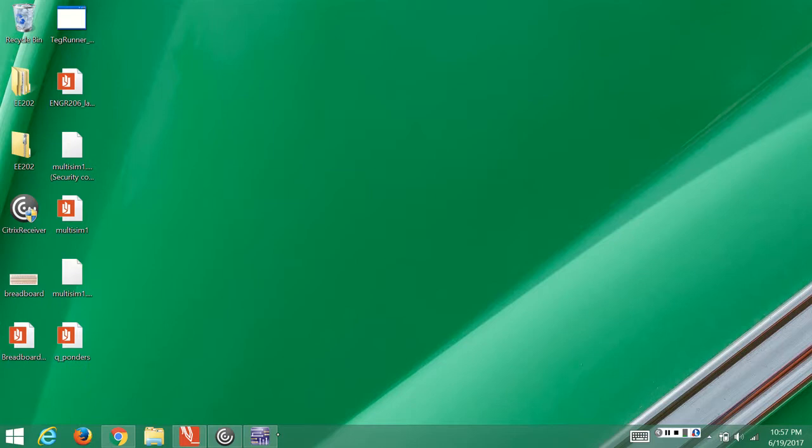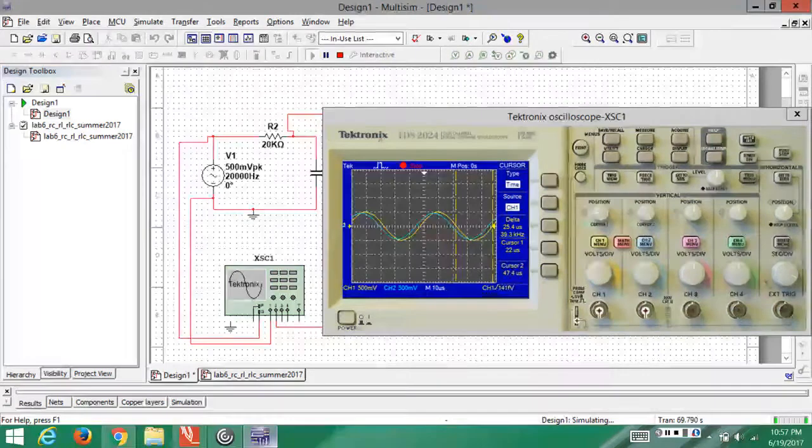It could be a little less accurate, but the main idea is if you want to measure the phase difference between VR and the voltage source, you need to see how much the VR waveform is leading the VS waveform, and to do that we use the cursor button on the oscilloscope and place the cursors on the waveforms where they intersect the x-axis, take time readings, find the difference of those time readings, and then use that to find the phase angle.